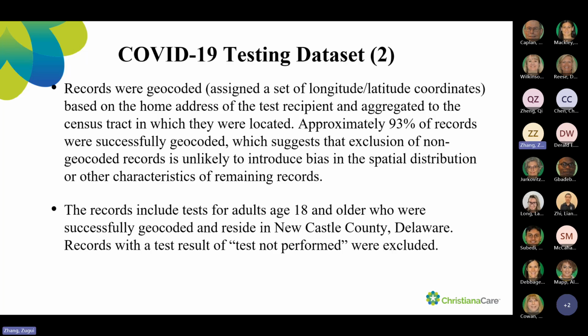The records were geocoded based upon the home address of the test recipient and aggregated to the census tract in which they are located. About 93% of records were geocoded. So we excluded those patients without geocoding, and the records were the tests for adults who live in New Castle County.